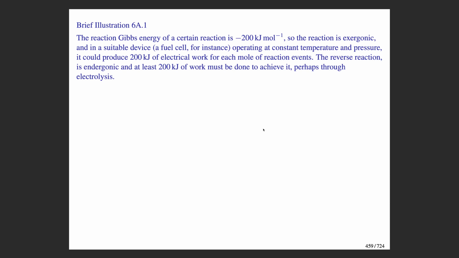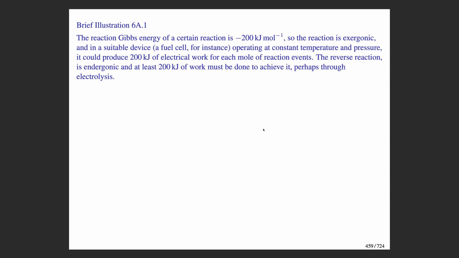For those conditions, you could produce 200 kilojoules of non-PV work, so electrical work, for example. However, if you were to consider the reverse reaction, that would have a positive delta G. So the delta G would be 200 kilojoules per mole in the reverse direction. That would imply that you need to put in at least 200 kilojoules of work to get that reaction to occur.